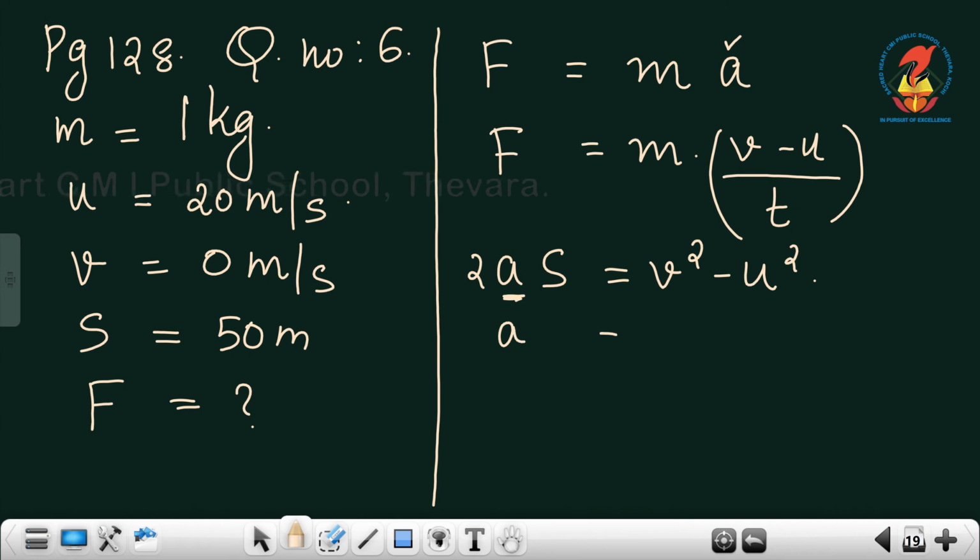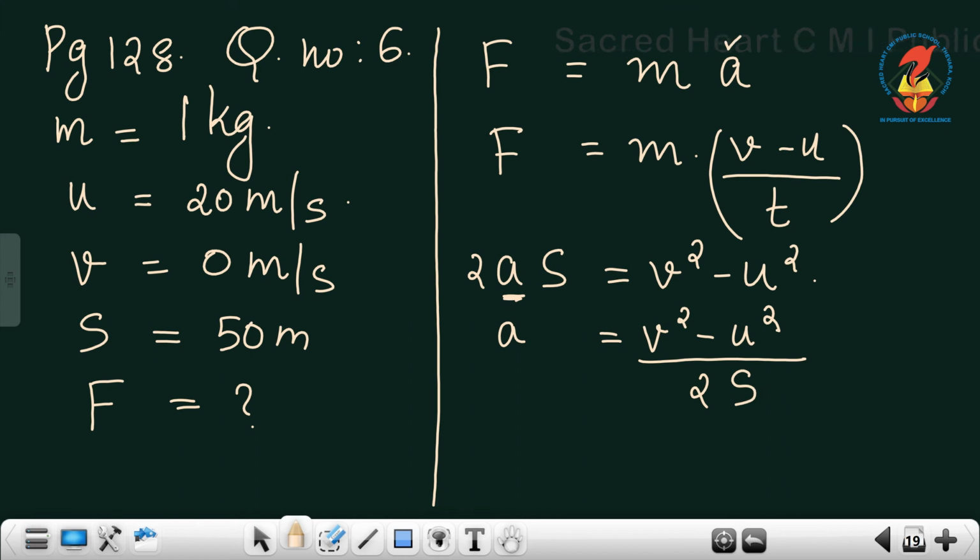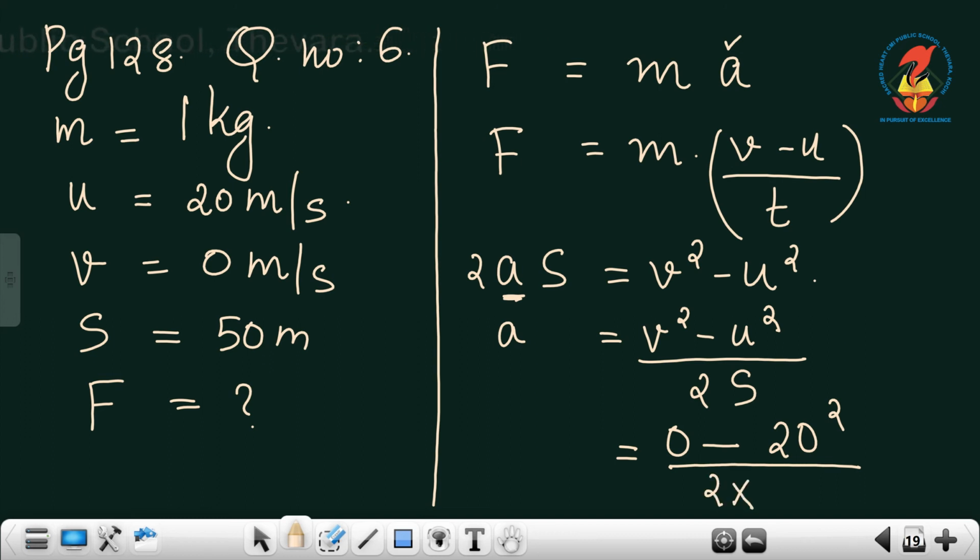So a is v square minus u square divided by 2s. On the left hand side, 2s was multiplication, 2 into a into s, so when 2s moves to the other side, it becomes division. Now substitute the values for v, u and s. v is 0, u square is 20 square, s is 50 meter.